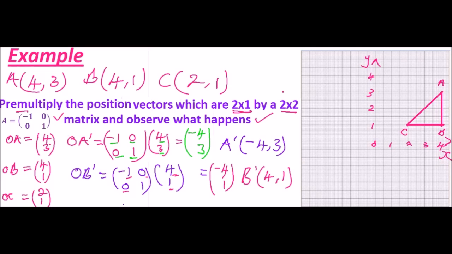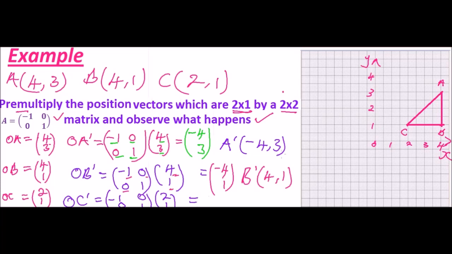Then we have C. We can say the new position of C, that is OC, is equals to minus 1, 0, and 0, 1. We multiply by the position vector of OC, which is 2, 1.